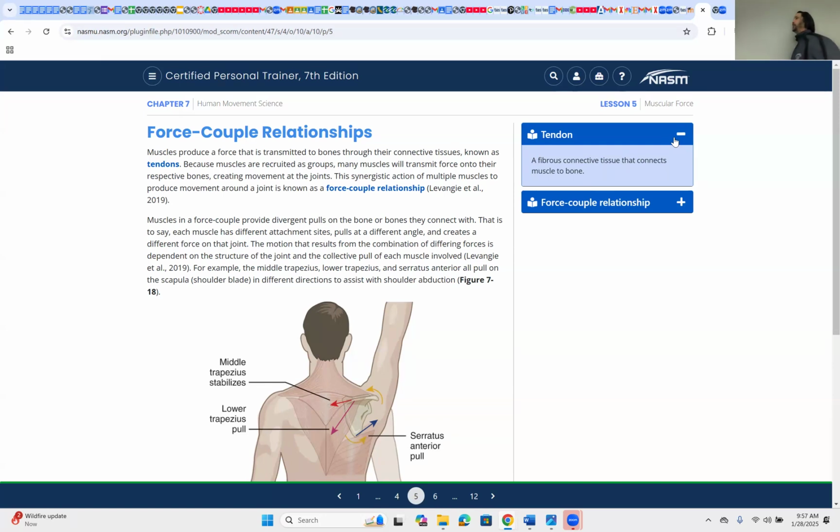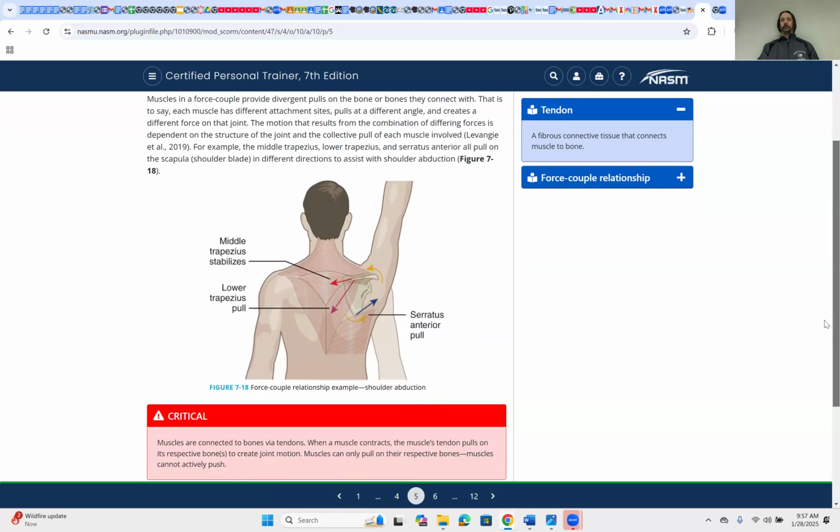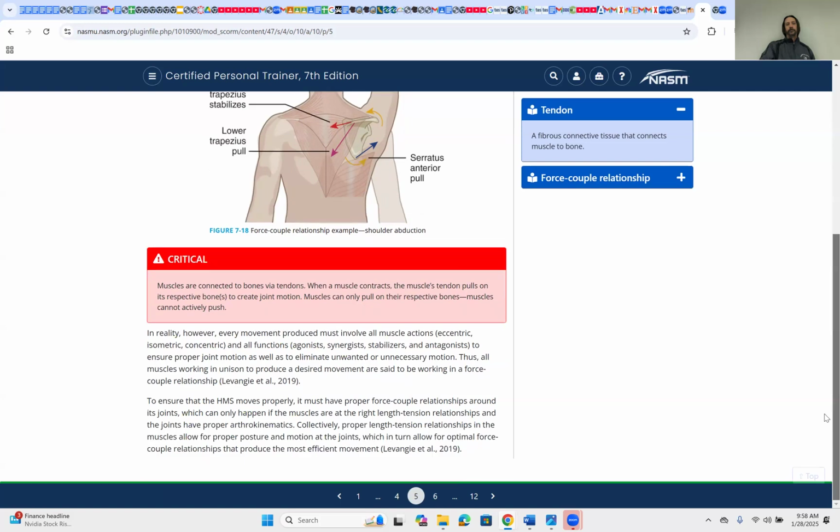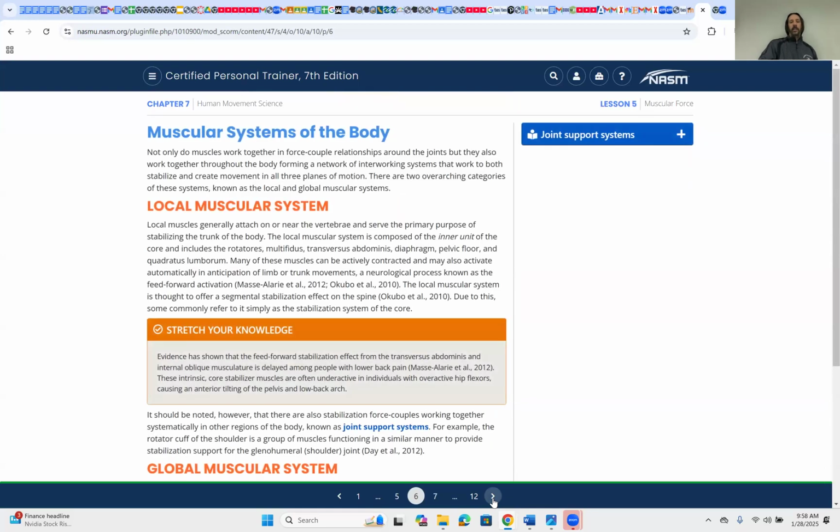So a fibrous connective tissue that connects muscle to bone. That is what a tendon is.